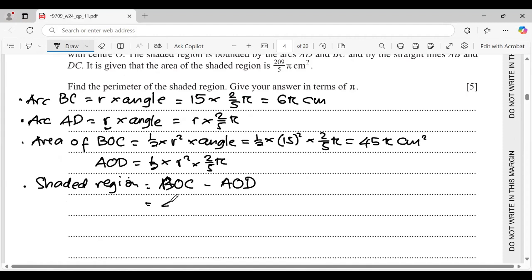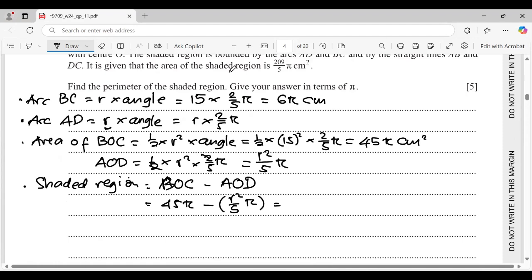So it is 45 pi minus, if divided, actually R squared over 5 pi.